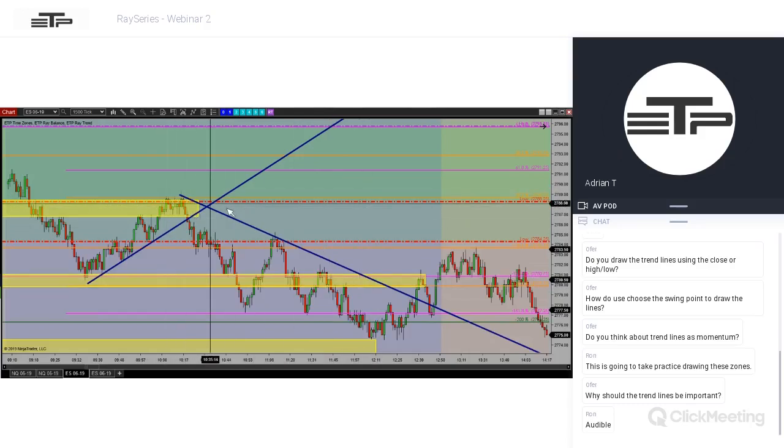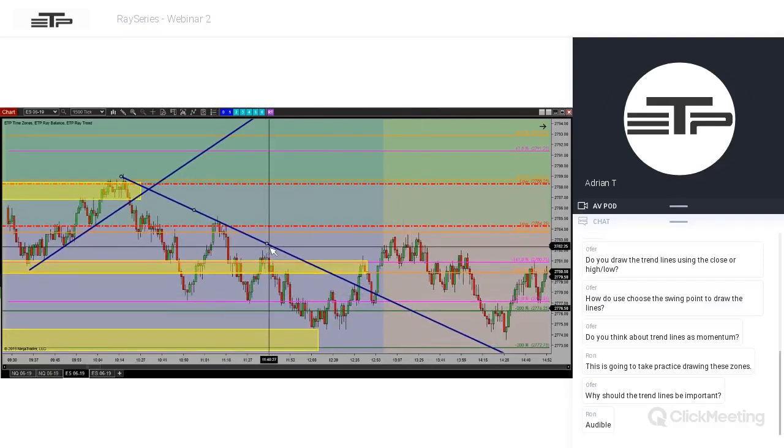So as you can see, I drew the trend line here, and this is basically what we call oblique support and resistance levels. Even if I draw it off these highs, price, even when broken, actually came back to retest it.